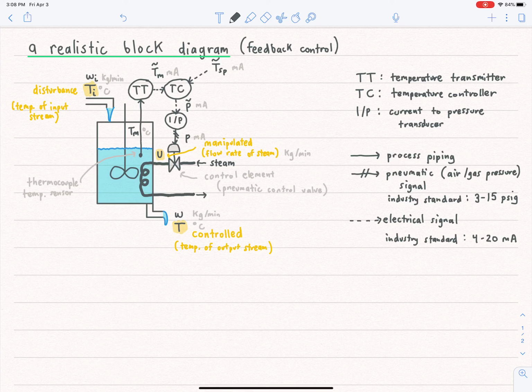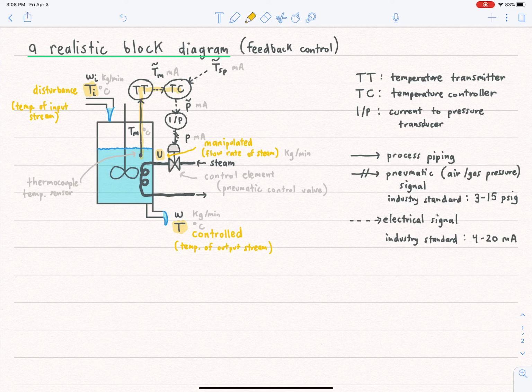Okay, so to reiterate, we have our thermocouple and the measured temperature of the water that's fed to a temperature transmitter, which outputs a milliamp signal, which is fed to the controller. That measurement in milliamp signal form, in electrical form, is compared to the set point in electrical form.